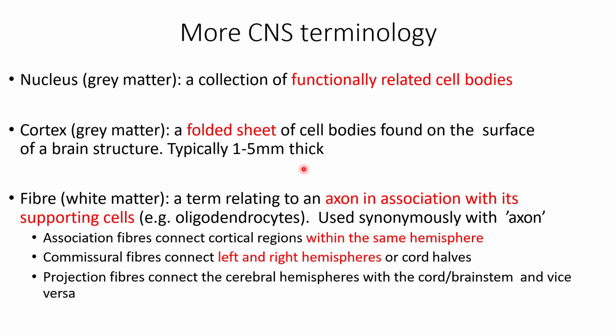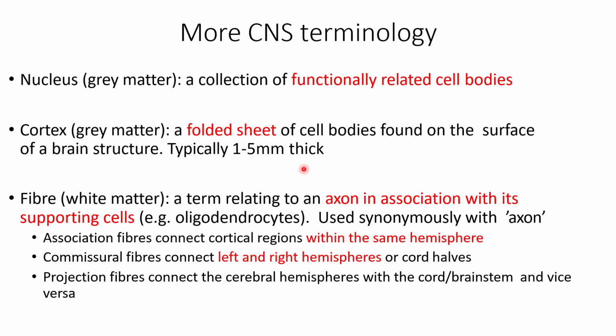Now within the brain and spinal cord there are 3 particular types of fibres present. We have association fibres, which are seen within the same hemisphere of the brain and which are seen to connect cortical regions together. So there are association fibres connecting, say, the temporal and parietal lobes together on the same side of the brain.